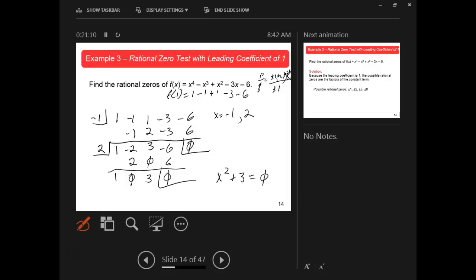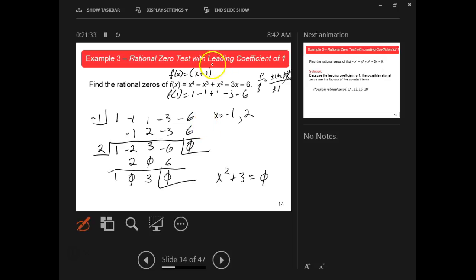Now, what else can you do? You can factor this thing now. This factors as f of x. If x is equal to negative 1, the factor is what? X plus 1. Just add 1 to both sides, x plus 1.